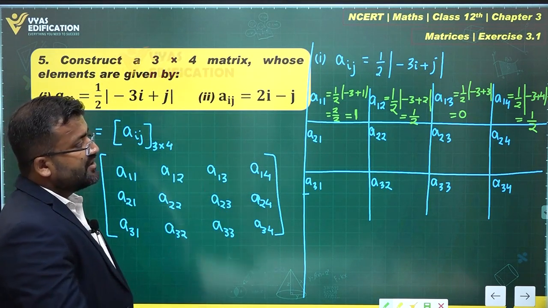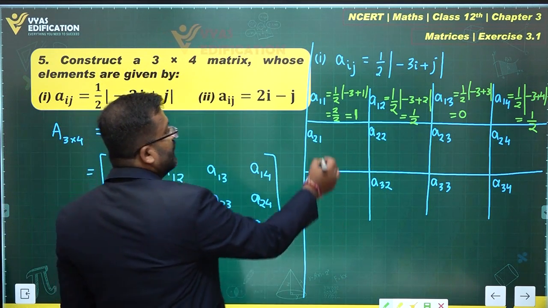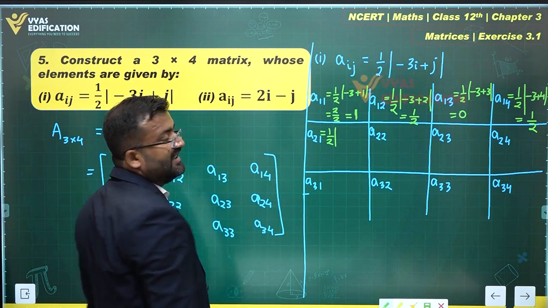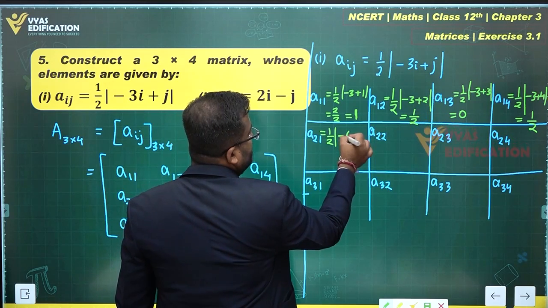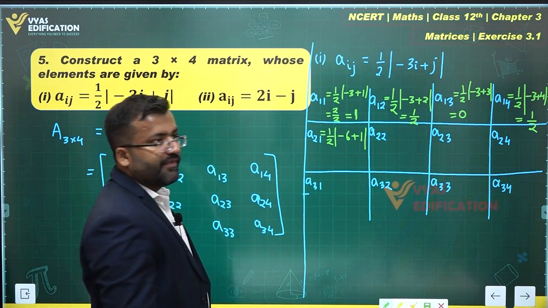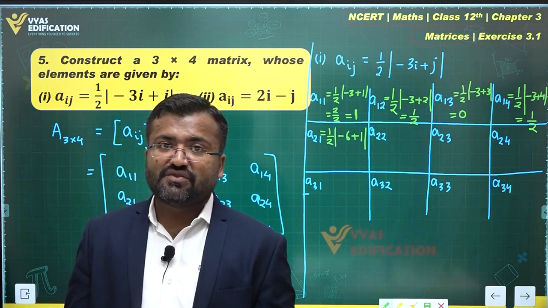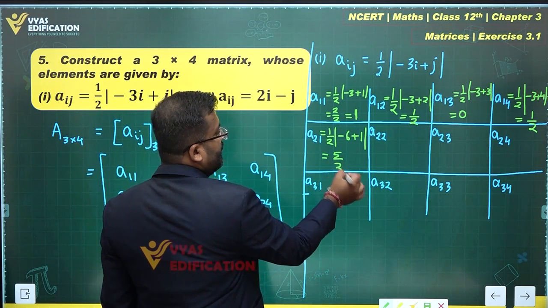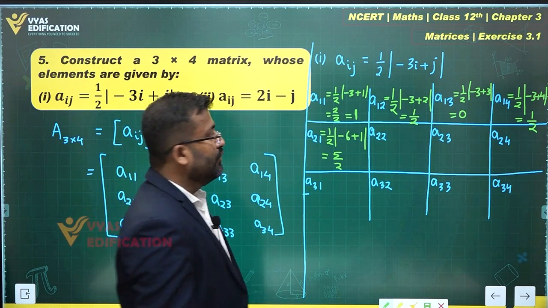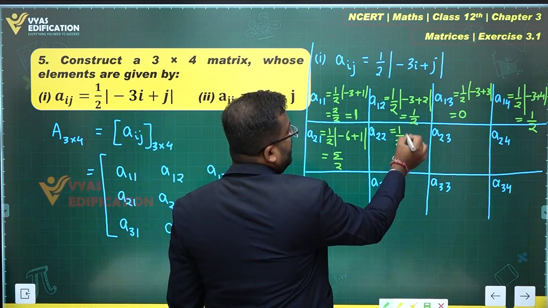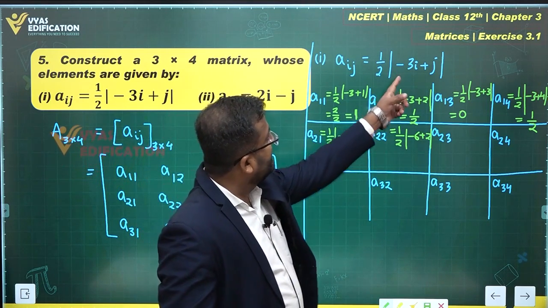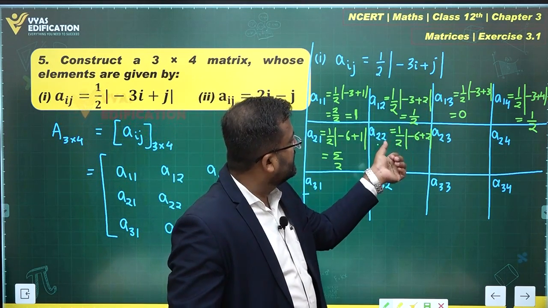What about the second row? Let's solve for the second row. What do we have over here is, this is half minus 3i. This is minus 3 times 2, which is minus 6 plus 1 modulus. Minus 6 plus 1 is minus 5. The modulus is 5. This is 5 by 2. What happens in case of A22? A22 is half minus 6 plus 2 modulus. This is minus 3 times 2 plus 2.